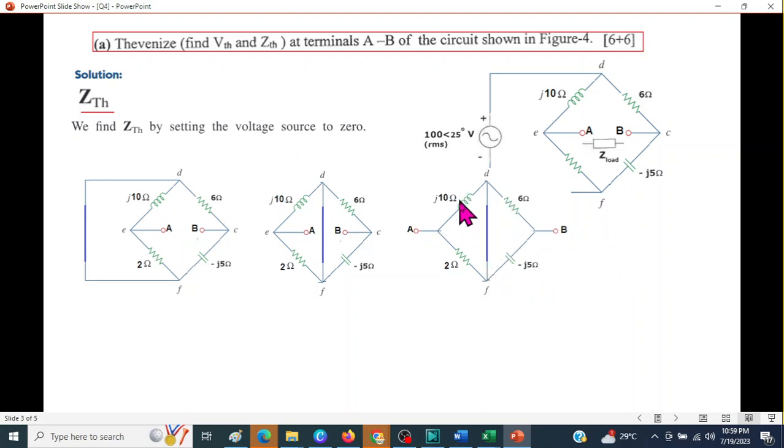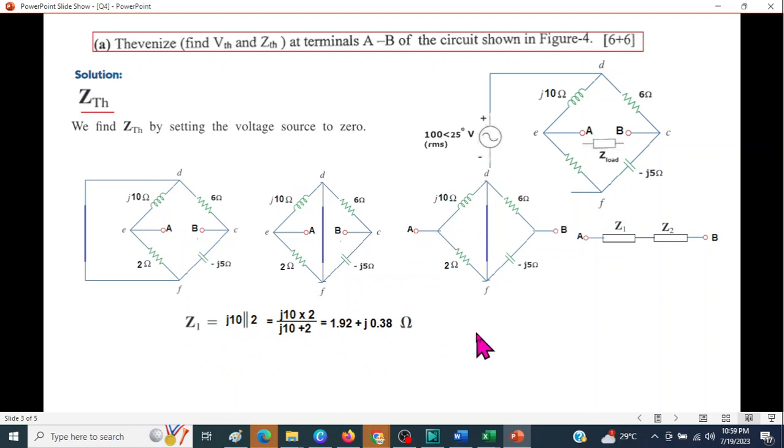And now you can see these two are in parallel because these 2 points are shorted, same point. And similarly, these two are parallel. So we can call them Z1 and Z2. This is Z1 and this is Z2. The value of Z1, from here you can see these two in parallel.